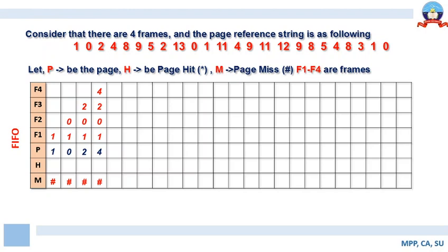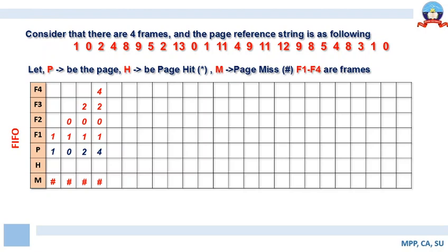For the initial 4 pages 1, 0, 2, 4, we do not require replacement because the frames were empty when the allocation started. From this point onwards, we will find that the frames are completely exhausted.